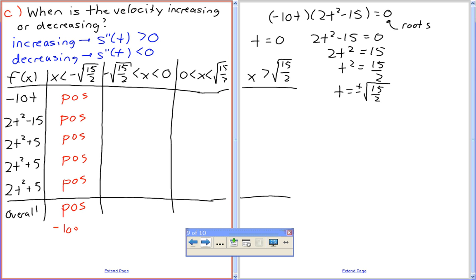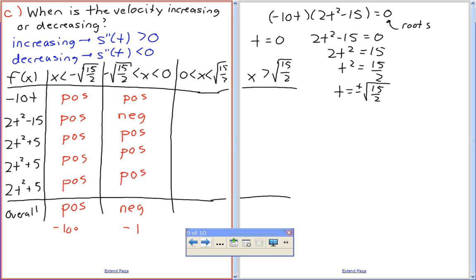On this one, I'm going to choose negative 1. So this is positive. 2 times negative 1 squared is 2, minus 15, this is going to be negative. And then these are positive. I'm just doing this quickly in my head for the sake of time. Now I'm taking a number between 0 and root 15 over 2, which is close to root 8, about 2.5-ish.